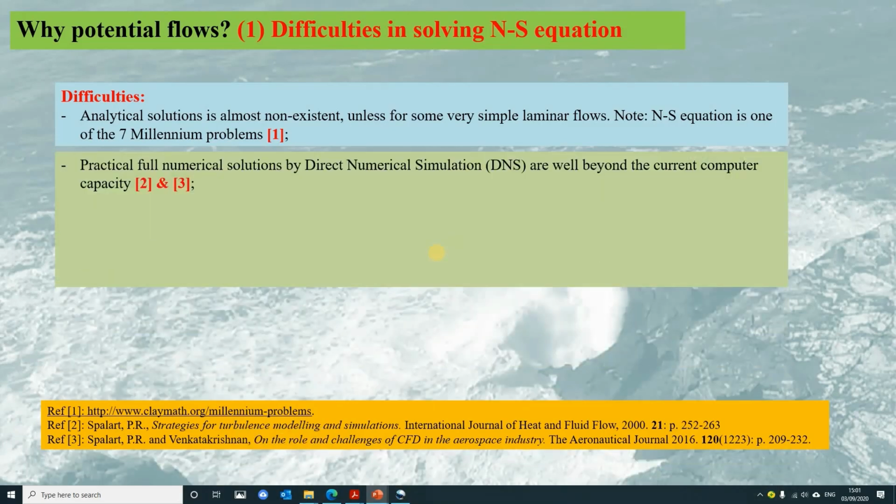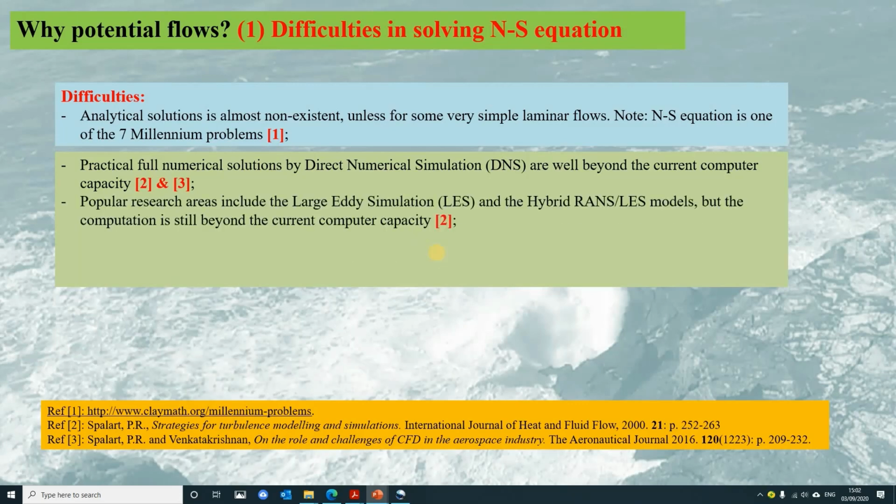Numerical solution using direct numerical simulation, DNS, is generally well beyond the current computer capacity, even for the largest computers in the world. Indeed, there are some attempts at DNS, but they were for simple flows at low Reynolds numbers.